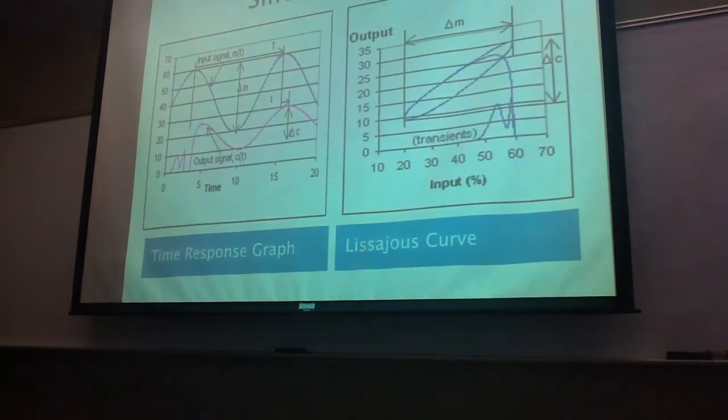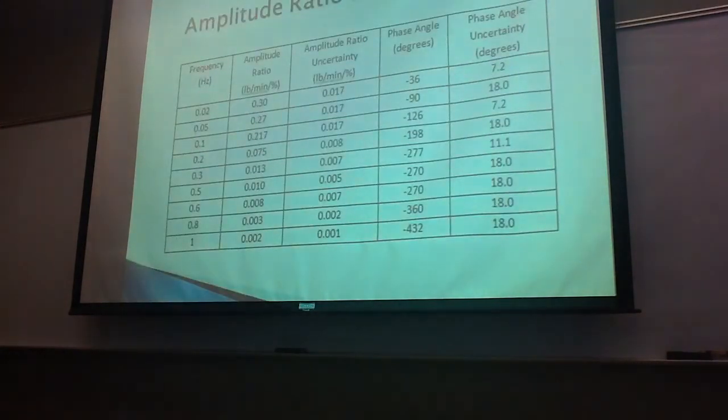To get the amplitude ratio, you just divide delta C over delta M. And to get the phase angle, you take that little t, which is the time from the peak of the input to the peak of the output, and you divide that by the big T, which is the period of the input, multiplied by 360. And once you do that for all the frequencies, you get a nice table like this.